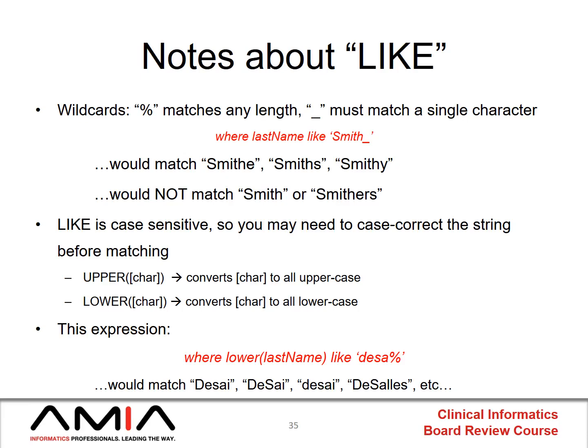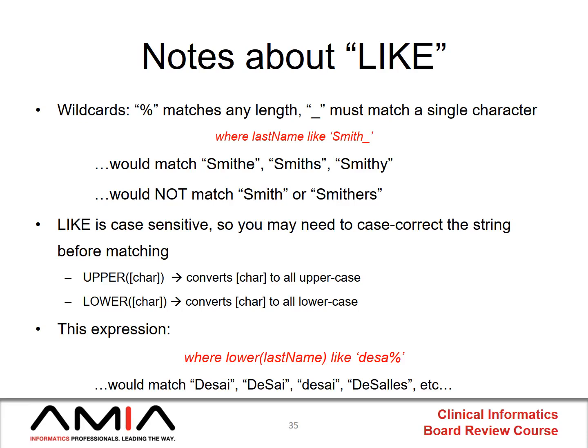Like is case sensitive, so if I wanted to correct for the fact that people might capitalize or lowercase various letters in their names, where I wasn't sure that somebody had entered it correctly, I could convert them all to uppercase or all to lowercase before I ran my query. So, for example, if I'd use this constraint where lower parentheses last name, so that's like a method that takes an attribute. In this case, the method is the lower method and the last name is the attribute.